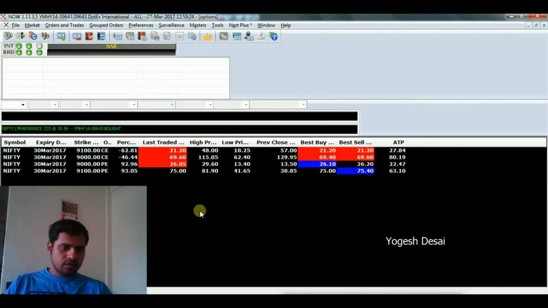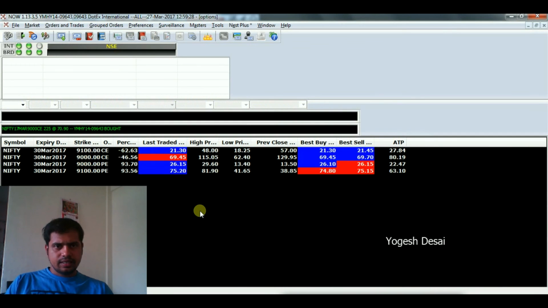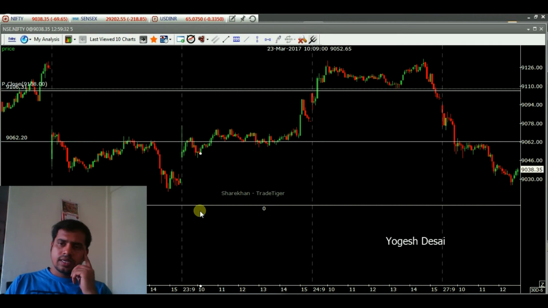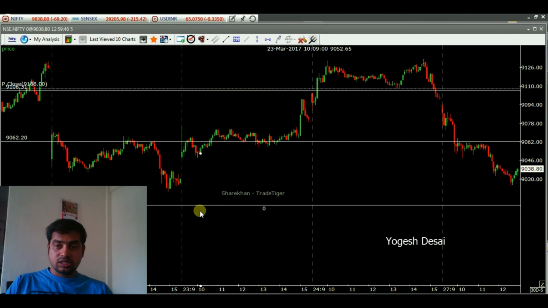Let's see how much it can go up, and at a certain point I'm going to book profits. Okay, now 70 rupees 50 paisa. It's rising up. The trend is still not in my favor. The overall trend is down.